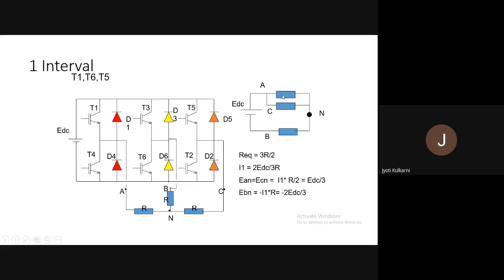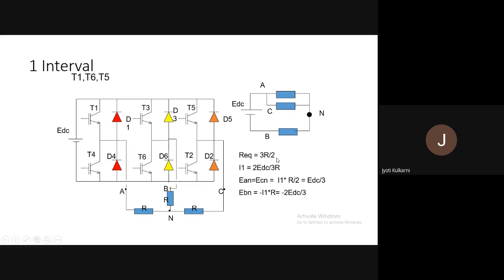These two equal values are in parallel. So, R in parallel with R gives equivalent resistance R by 2, and R plus R by 2 is 3 by 2 into R. So, the total resistance of the circuit is 3R by 2.